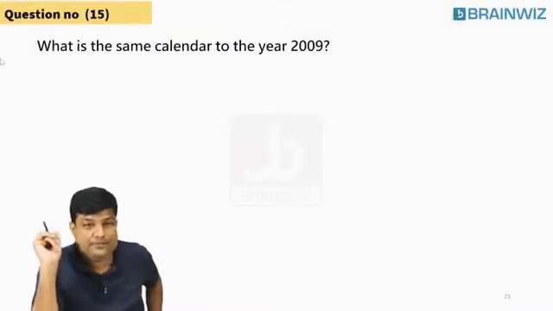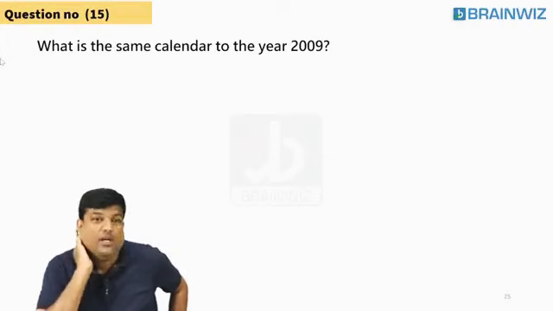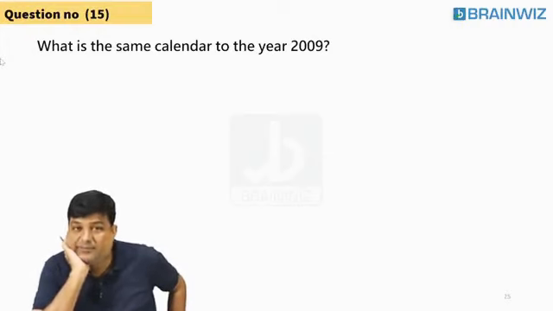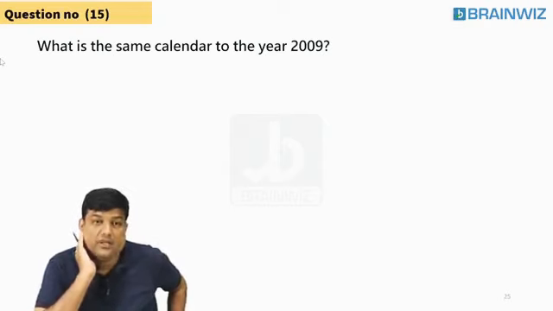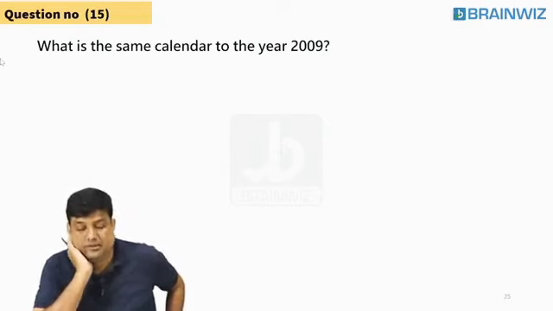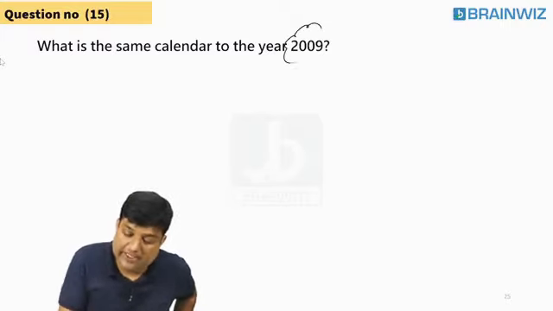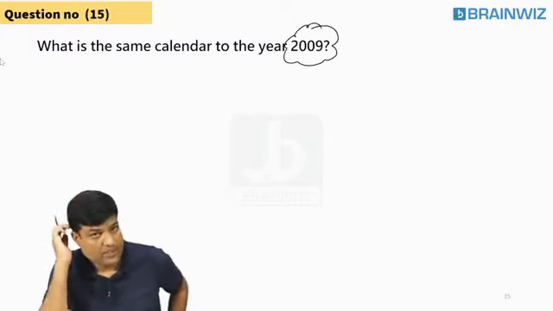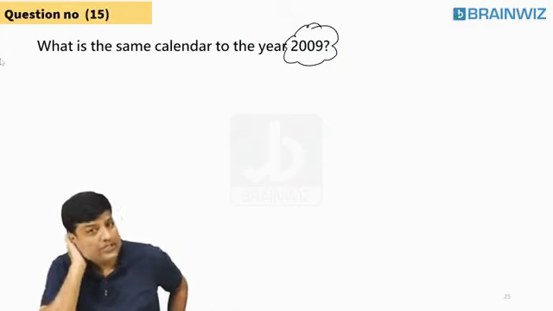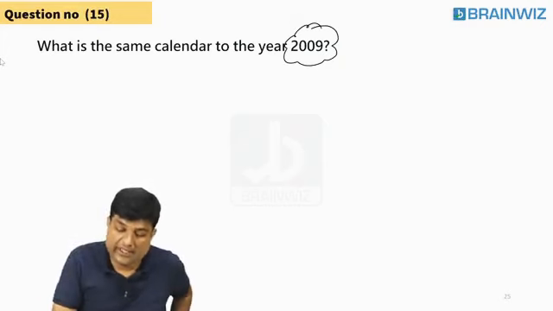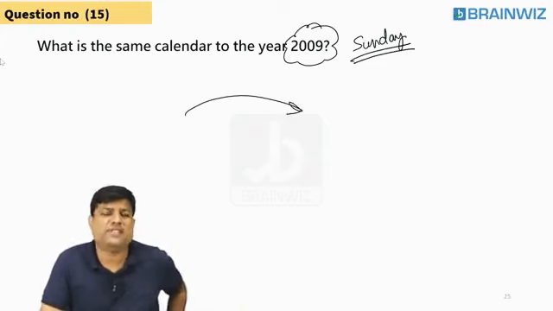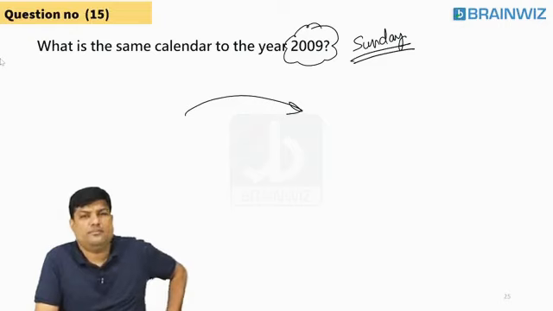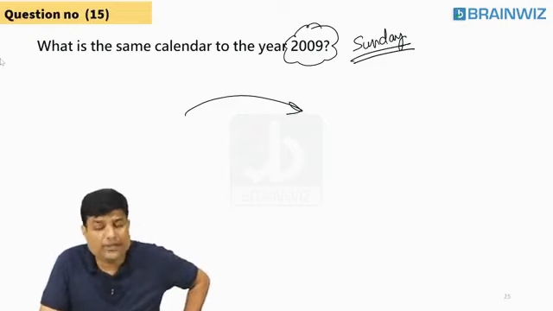Same calendar. How to do the same calendar, everybody? Listen. Suppose you have celebrated your birthday in the year 2009, on Sunday. When is the next upcoming year where it should be Sunday again?